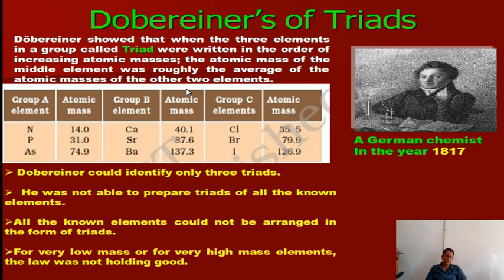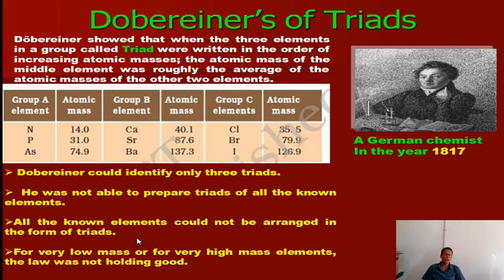During his study, he made so many triads, but he had some drawbacks. The elements which were discovered at that time were not all fitted in his triads. This is the first drawback. Another is that the elements could not be arranged in the form of triads due to their different behaviors.